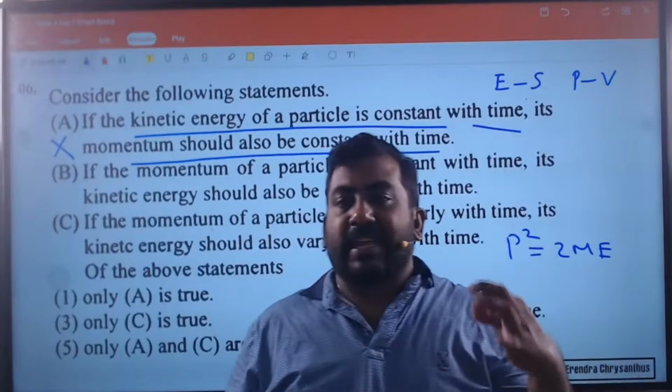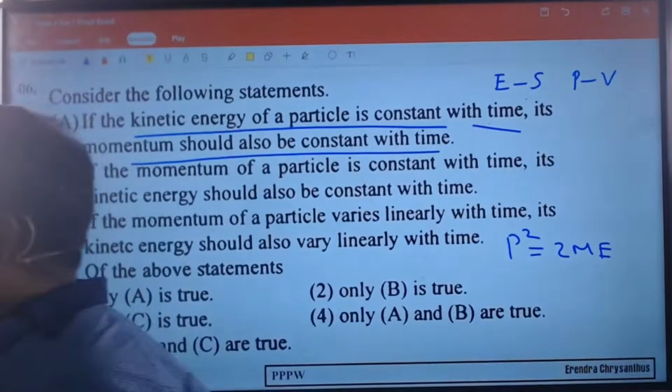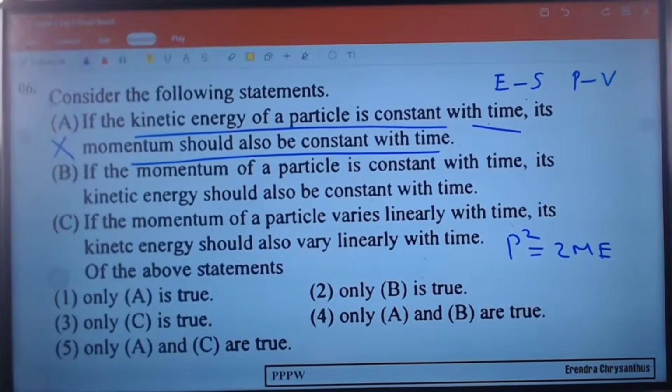If the direction changes, the momentum will also change.